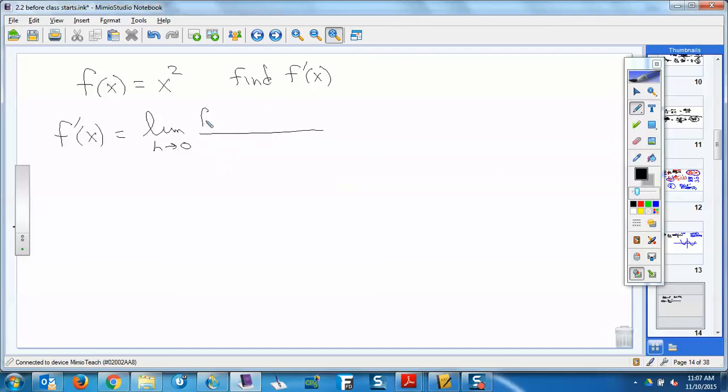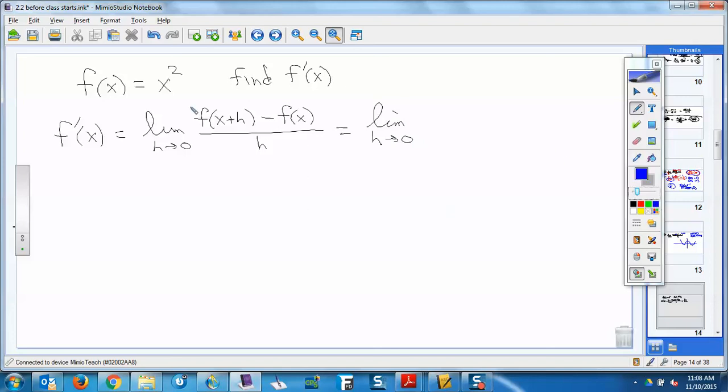So, f of x plus h, so I have no number to plug in. Like before, we had a 4, right? We were finding f prime of 4, so we put f of 4 plus h minus f of 4. Well, now it's just going to be f of x plus h minus f of x all over h, right? So that's our definition. So let's do this first part.